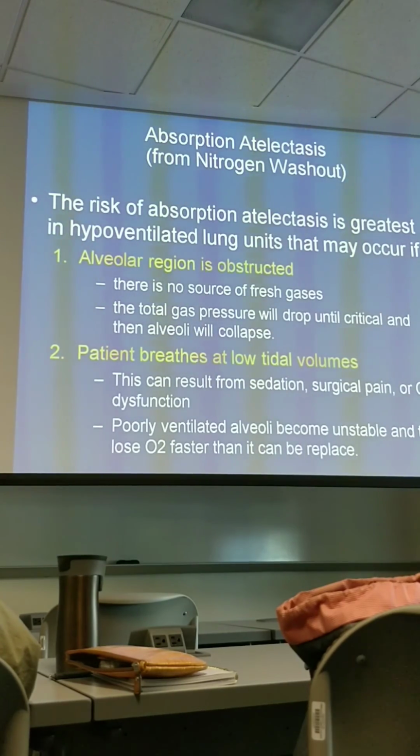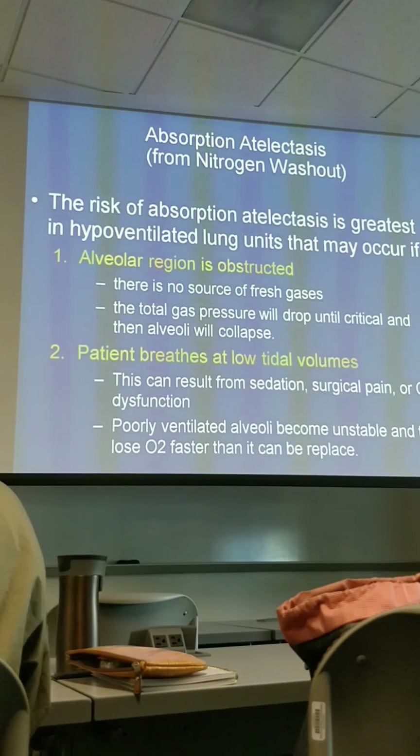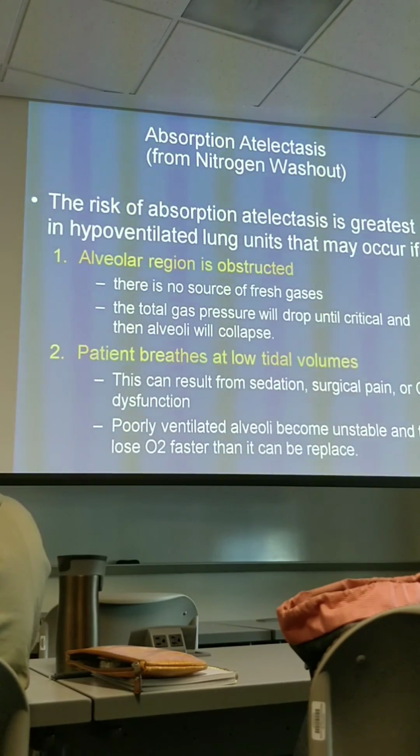If you have an abdominal wound, you're going to breathe rapidly but with small tidal volumes. Or if you have some abnormality in the brain stem, which is in charge of your breathing, you may breathe rapidly but with very tiny tidal volumes. In those cases you lose your oxygen faster than it can be replaced, because you're breathing at very small volumes, so you can't refresh that FRC as easily as if you're taking nice breaths in and out.